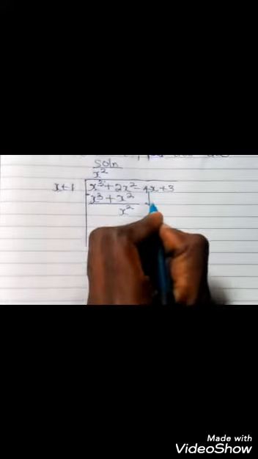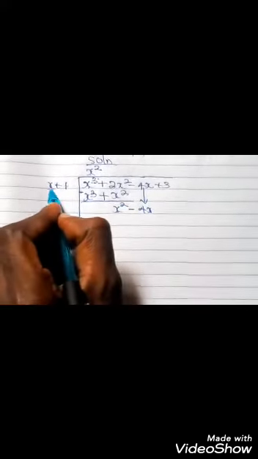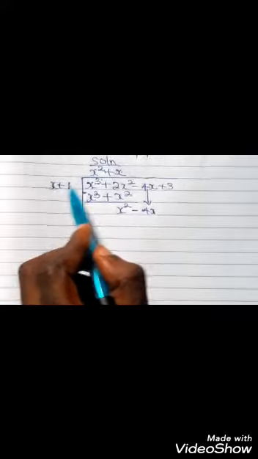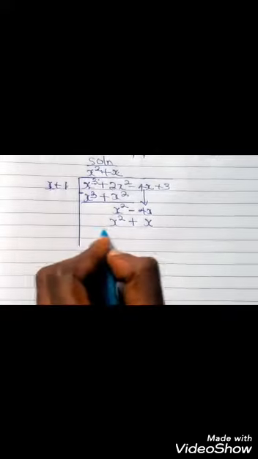We bring down minus 4x. Again, x squared divided by x gives us plus x. We multiply everything here, so x times x gives us x squared, x times 1 gives us plus x.